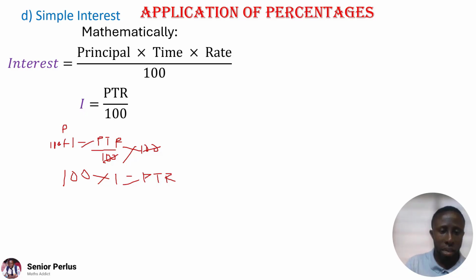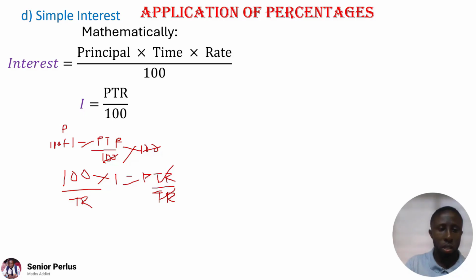If you want to find the P, you divide both sides by T and R. So it cancels, and our P is this.